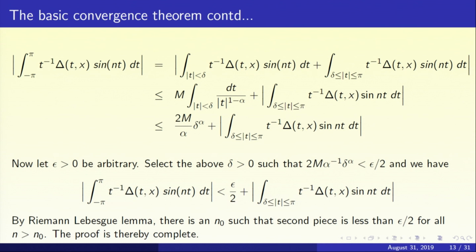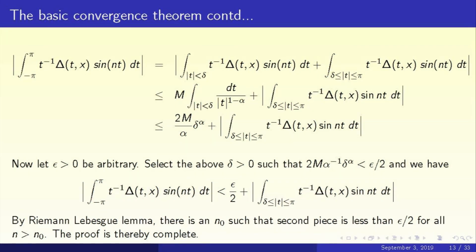Remember that mod capital delta, because of Holder continuity, is less than or equal to m times mod of t to the power alpha. So you see what has happened here, what you need to observe is 1 upon t is not integrable near the origin.